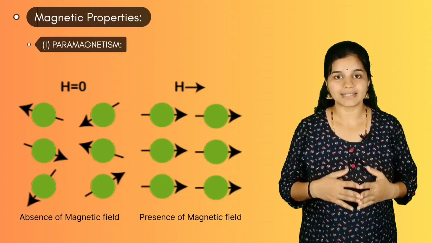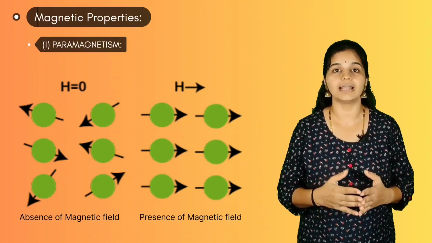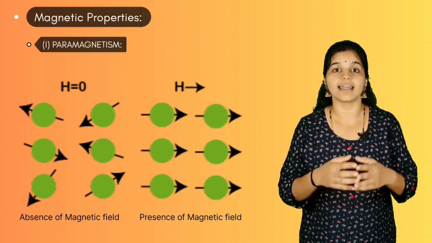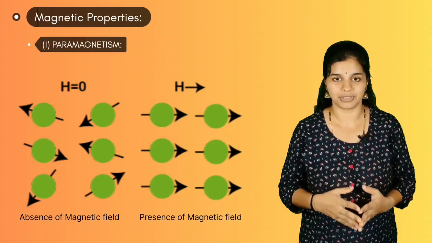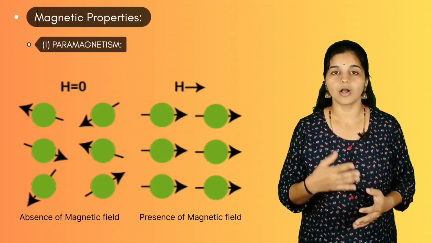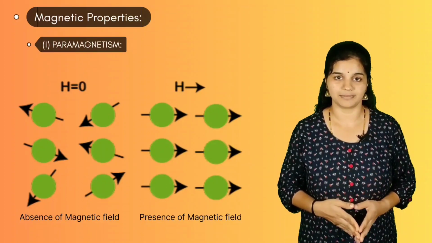The paramagnetism is due to the presence of one or more unpaired electrons in the substances, and these electrons are attracted by the magnetic field. The examples for paramagnetic substances are oxygen, Cu2+, Fe3+, Cr3+.